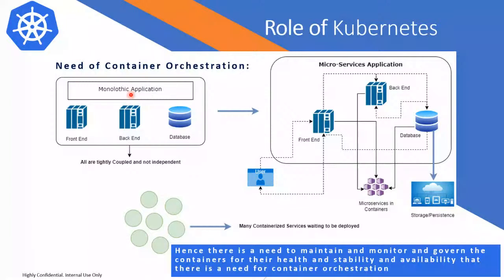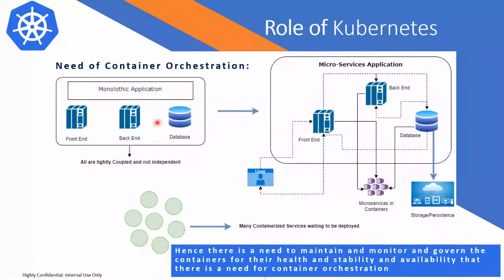Backend is the business logic, and the data interacts with the business logic, and only the business logic has access to the database, because that database has to be sacrosanct. This needs to be securely within one application layer. But these are very tightly coupled and they are not independent.